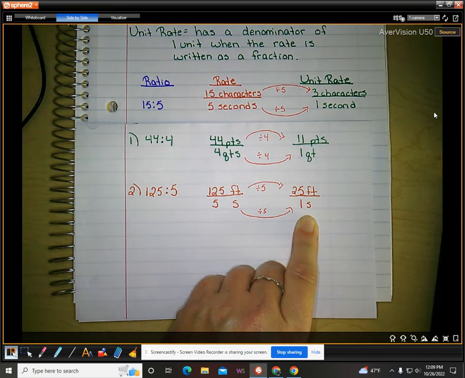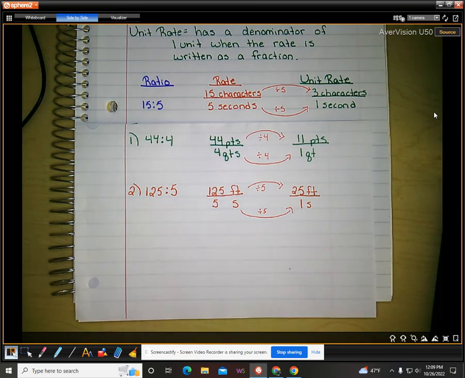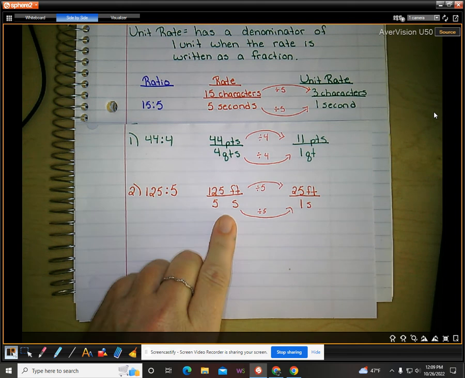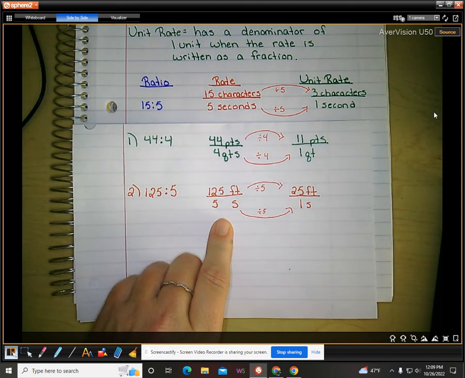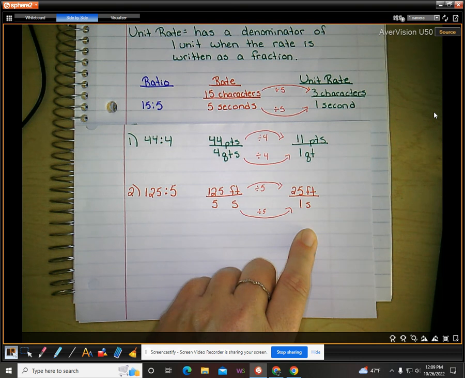Okay, so this is where now you can start using calculators when I tell you you can. Because like I said, I'm not testing your division. I'm testing to see if you know how to change a rate into a unit rate. All you need is a basic calculator. We are doing nothing fancy.